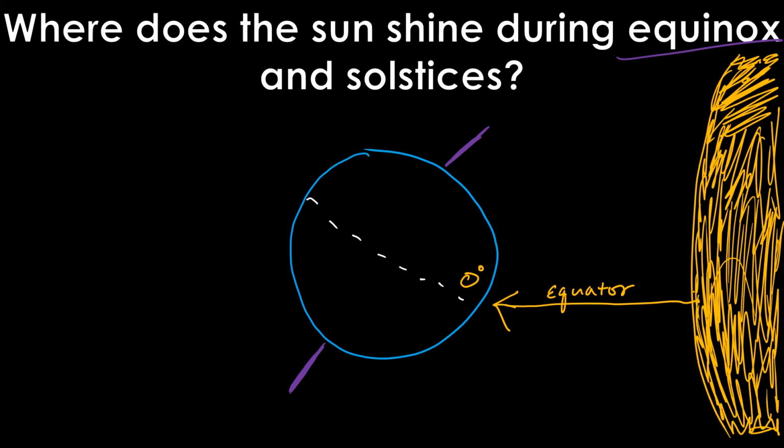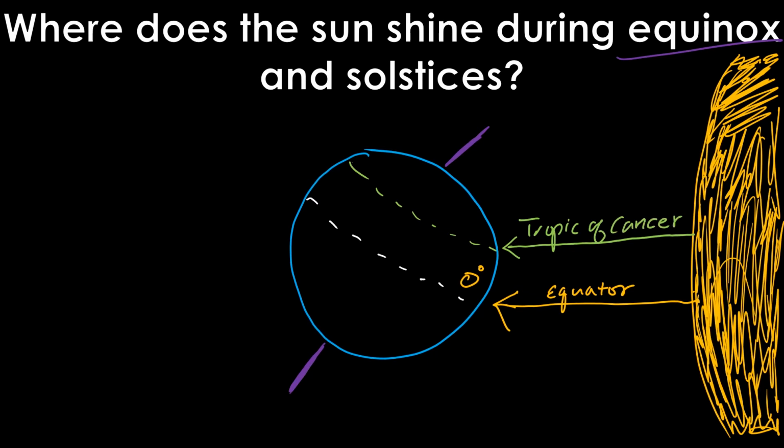Now we're going to do this relative to the northern hemisphere really quick. So during the summer solstice for the northern hemisphere, the sun is going to be pointing more directly at the Tropic of Cancer.